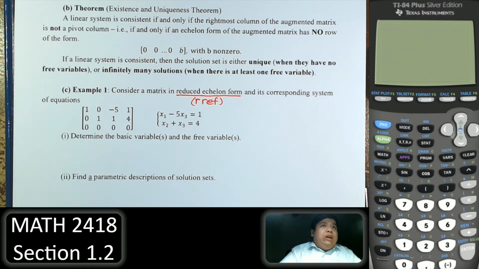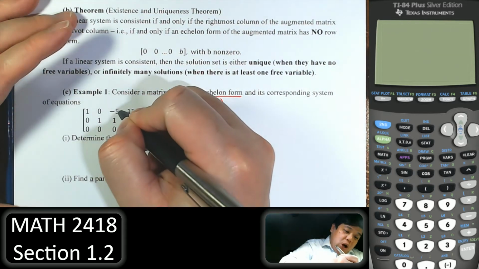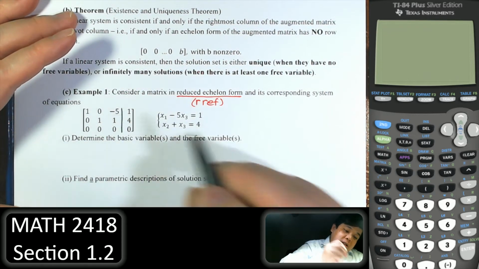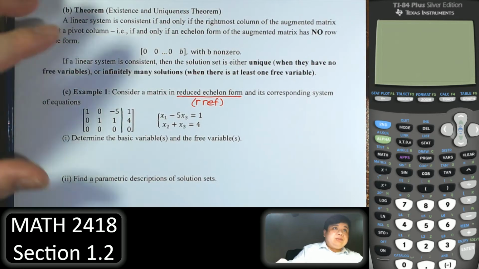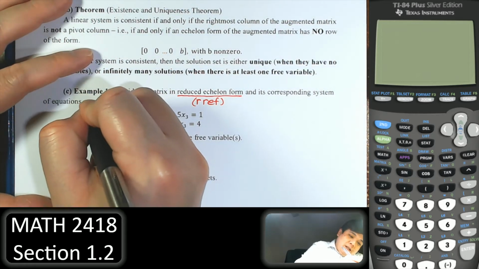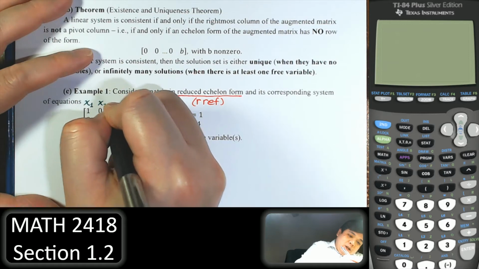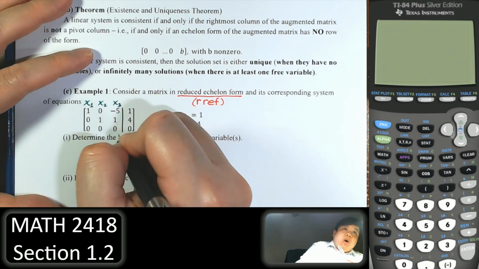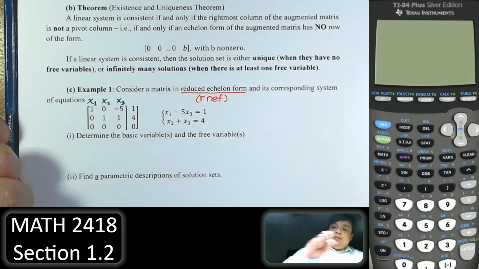So what will be the solution? By the way, since we don't have the variables, let's just say x1, x2, x3, right? So this we know is an augmented matrix. The variables corresponding to that are x1, x2, x3, and the next column corresponds to the constant.